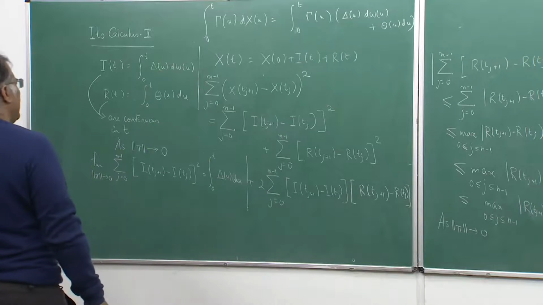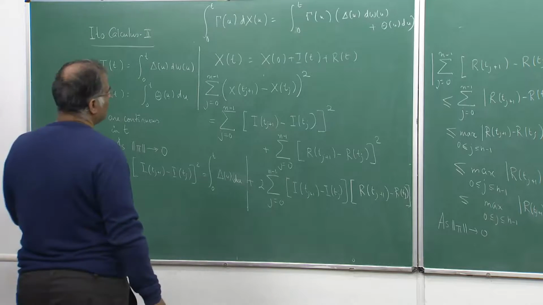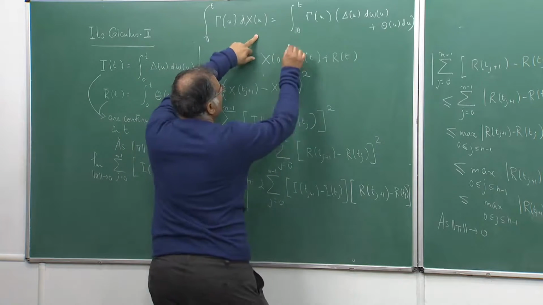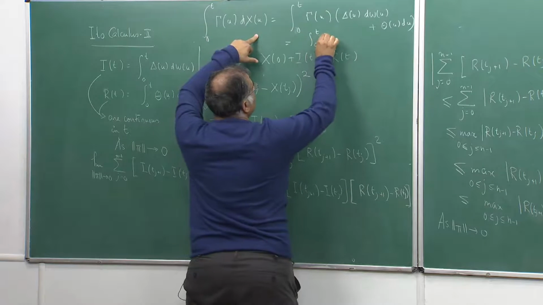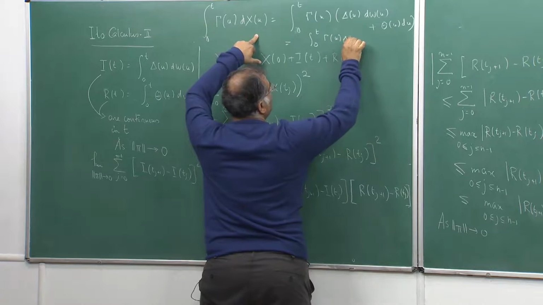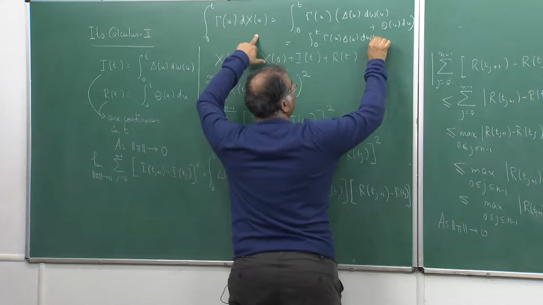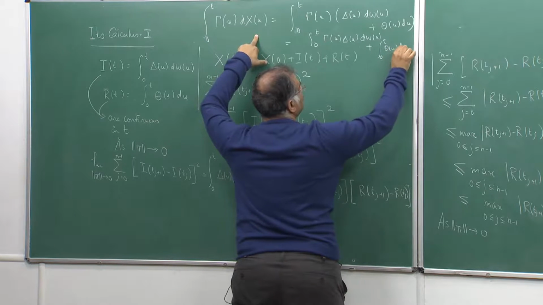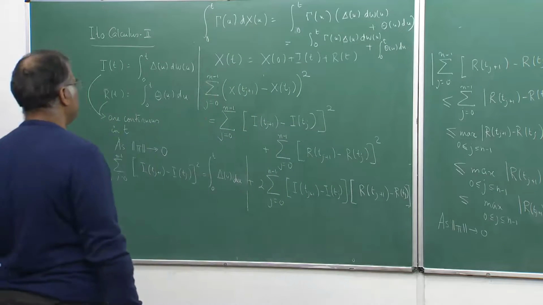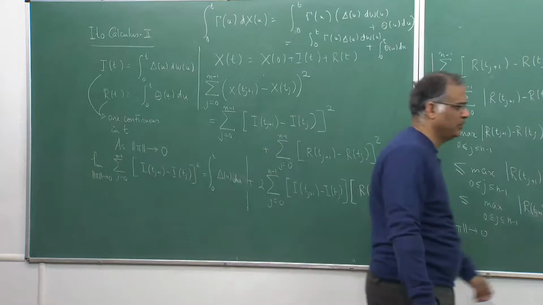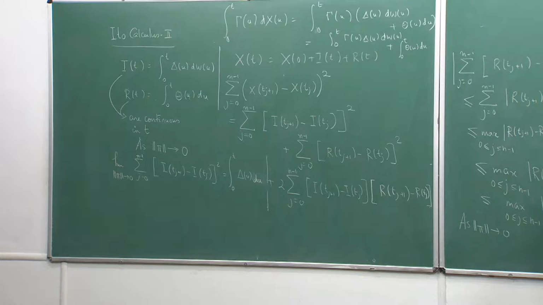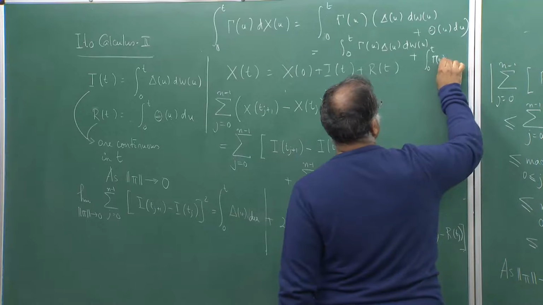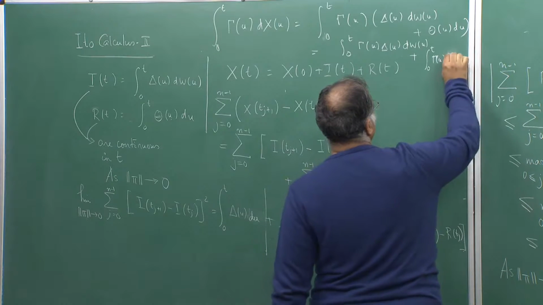So, if you want to take a process adapted to the filtration of the stochastic process Wt, that is the Brownian motion, then the integration with respect to an Ito process is nothing but 0 to t gamma u delta u dW plus 0 to t theta u gamma u du, sorry, that is a mistake, theta u gamma u du.